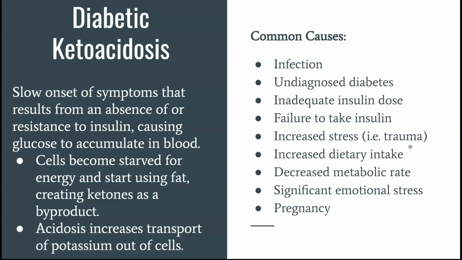So you have a diabetic, traditionally almost always a type 1 diabetic, who is not taking their insulin, which then causes the glucose to become elevated, right? As the cells start becoming desperate for energy, they start using fat. So the ketones are produced. The acidosis starts becoming worse and worse, and then the potassium starts to leak out of the cells, right?